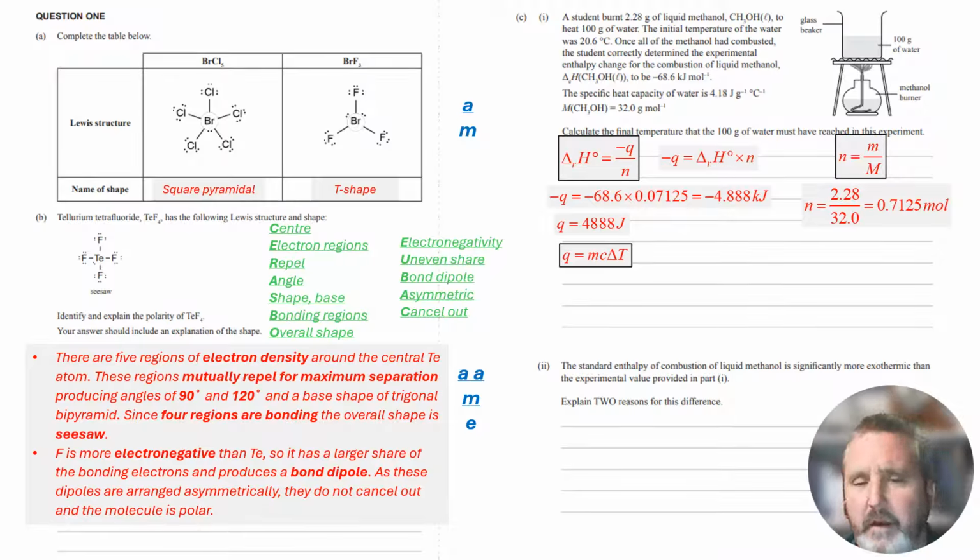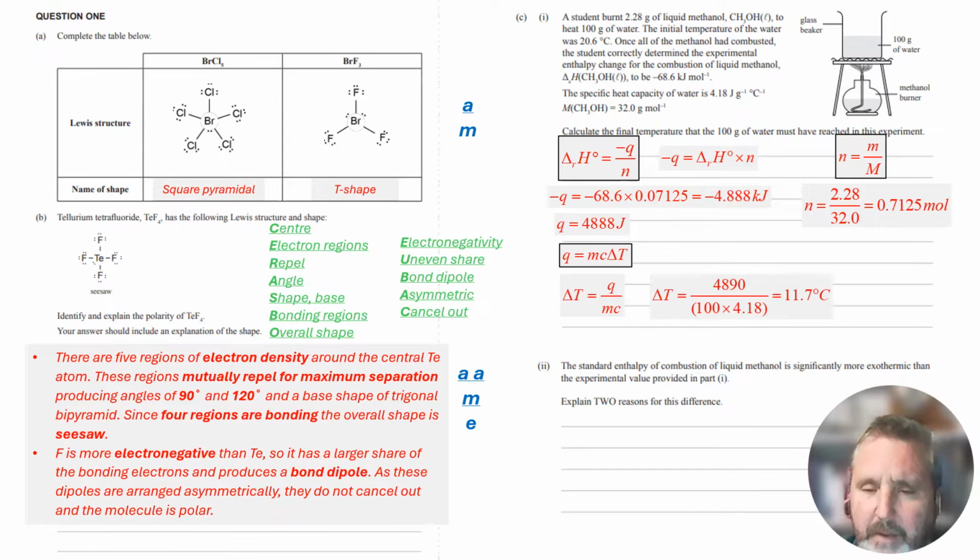Let's rearrange this equation first. I'm going to keep delta T on one side and move the mc to the other side so it divides, and we get the change in temperature equals Q over the mass times the heat capacity. That equals 4,890, or 4,888 if you had kept the working value in your calculator, divided by the mass times the heat capacity of water.